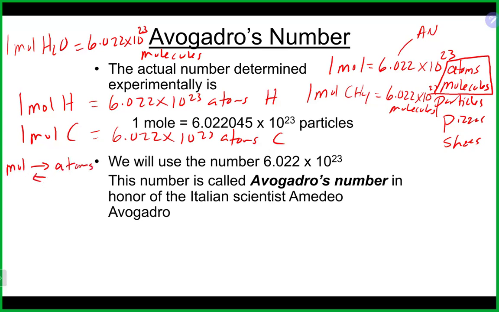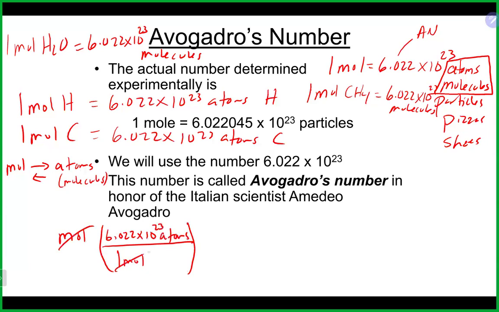That means if you have moles and you want atoms or molecules, you take 1 mole of whatever it is, which will equal 6.022 times 10 to the 23 atoms or molecules. The moles will cancel and you'll be left with atoms or molecules.